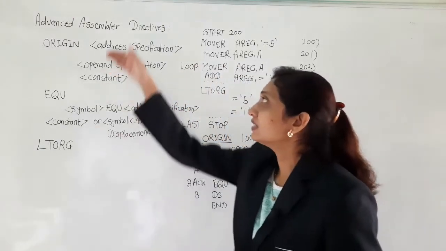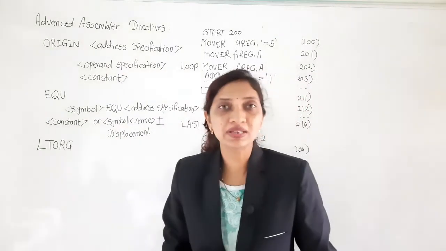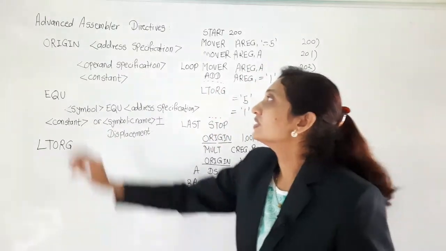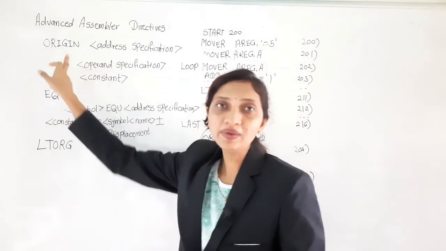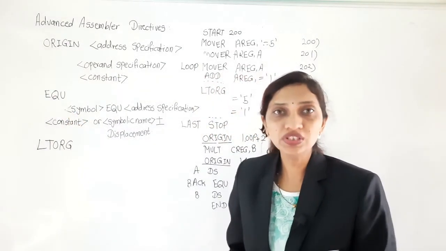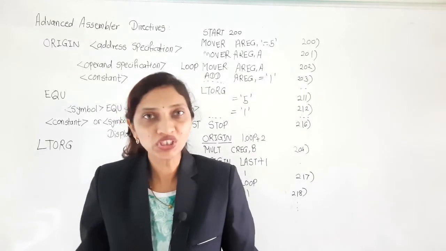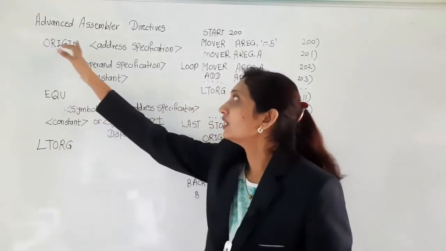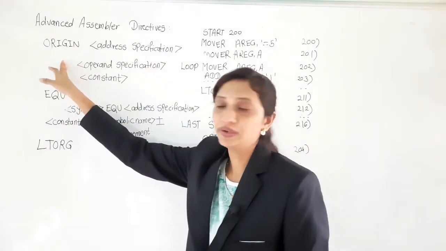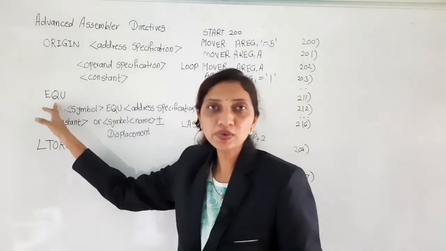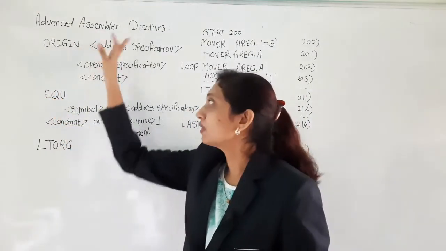Here we learned about three advanced assembler directive statements. The first one is the ORIGIN statement. Why are we using the ORIGIN statement? If we have to change the address in the location counter, then we use the ORIGIN assembler directive. The second one is the EQU statement, the EQU assembler directive.